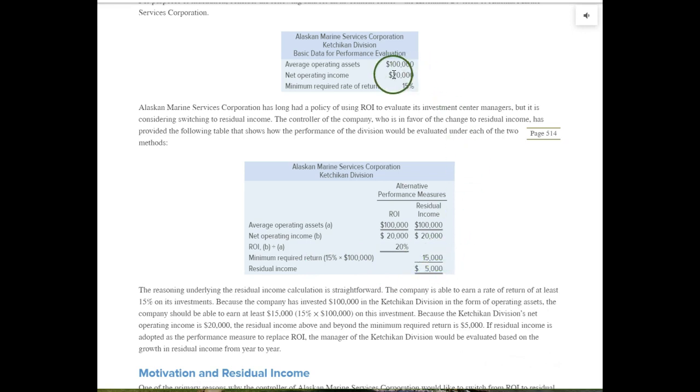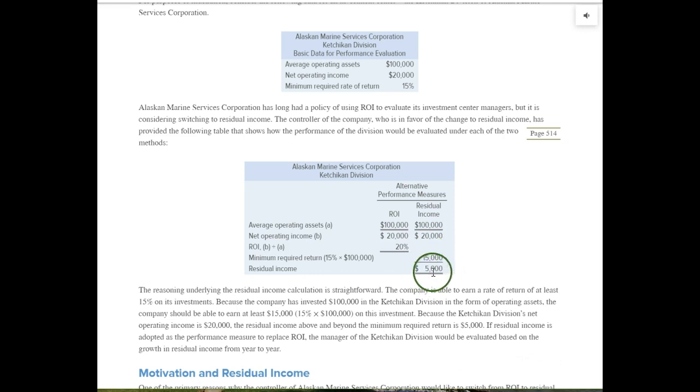The company, you can see, has $20,000. So what we're doing is taking the $20,000 of current net operating income and subtracting the minimum required return based on the assets we have invested, $15,000. In other words, we're earning 20, and the company would require 15.